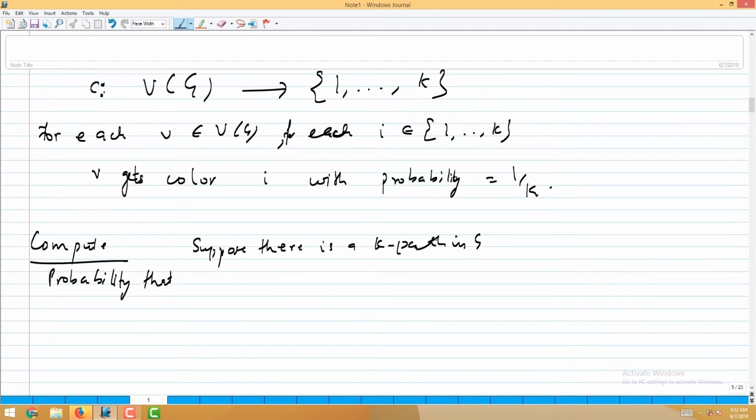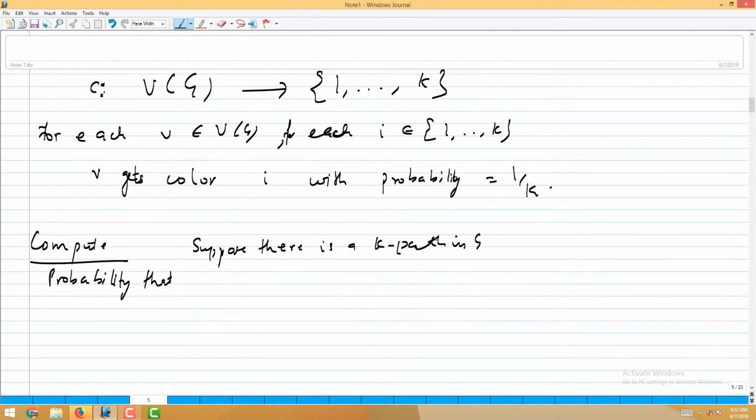So in other words, what is the probability that all the vertices of this particular k path will get distinct colors in this coloring? That's the probability that we are interested to compute, right? If this probability is good, then our algorithm will be a good randomized algorithm.